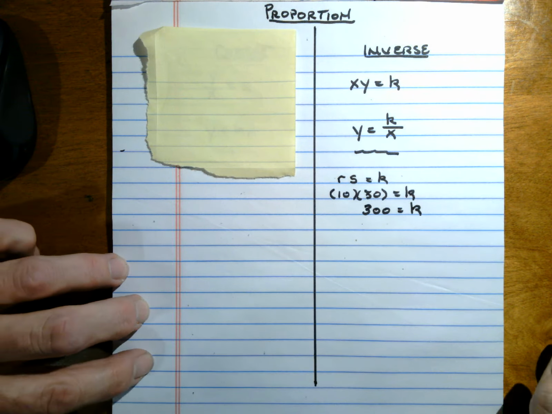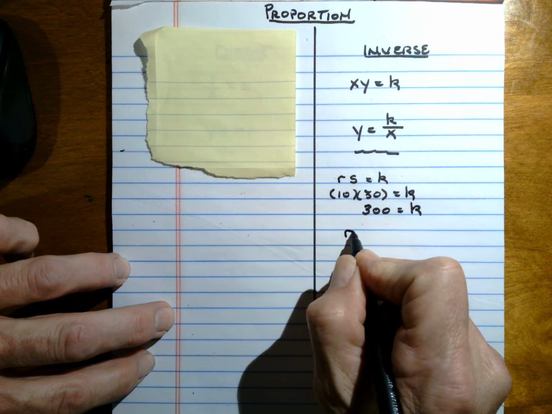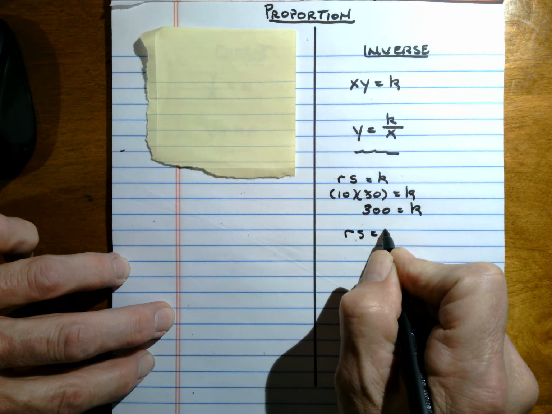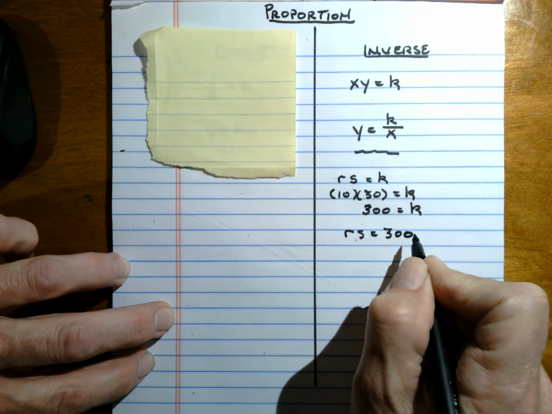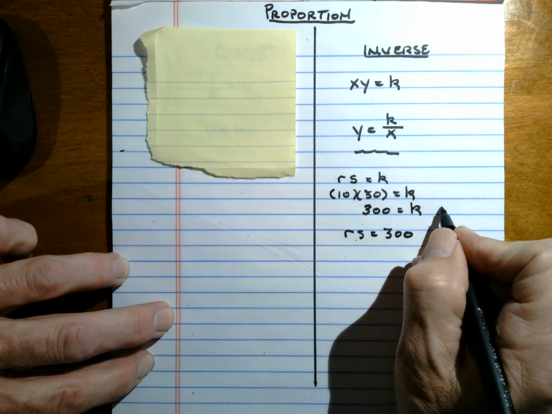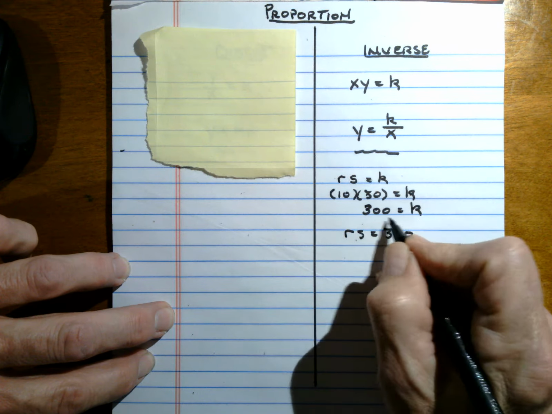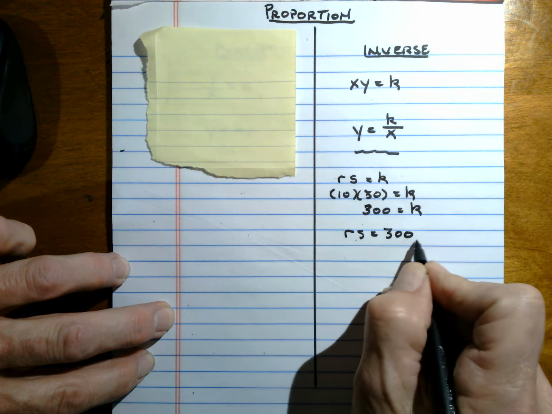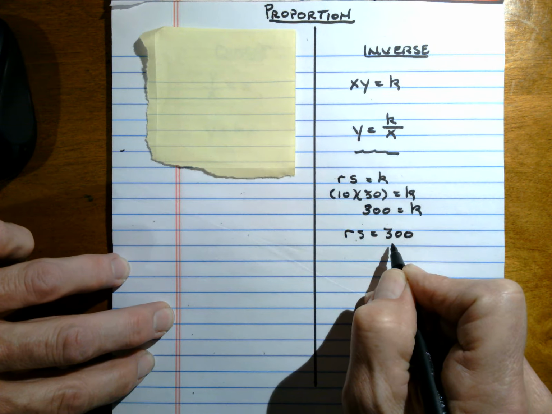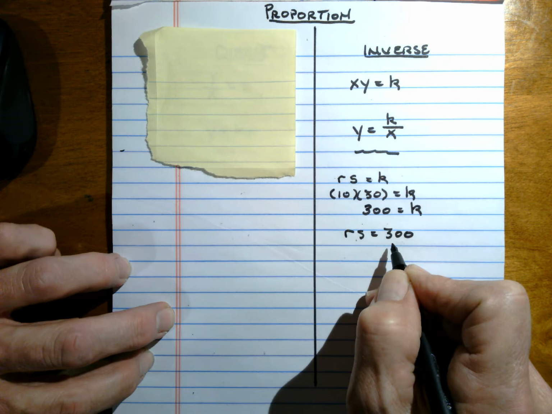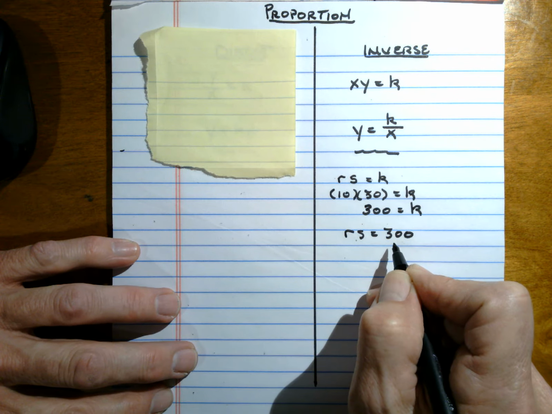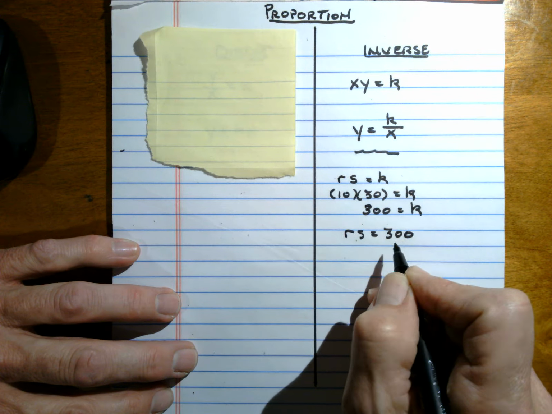So now I know anytime R and S are multiplied, the result is going to be 300. So this is the constant of proportionality, and this is the equation that we can write now that we know the constant of proportionality. And then it says find S when R is 150.